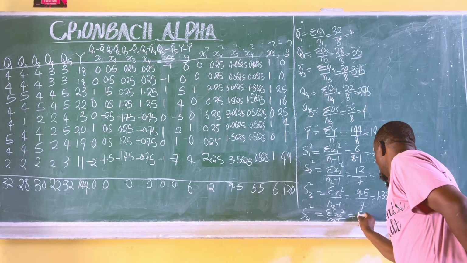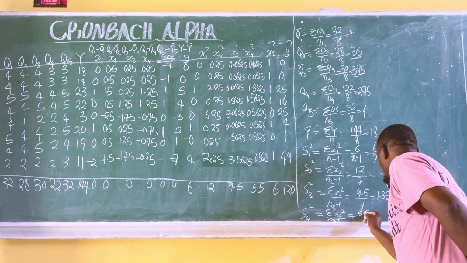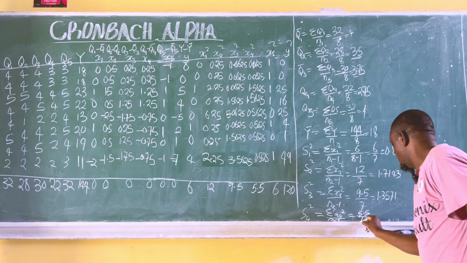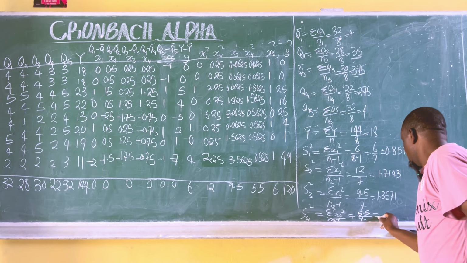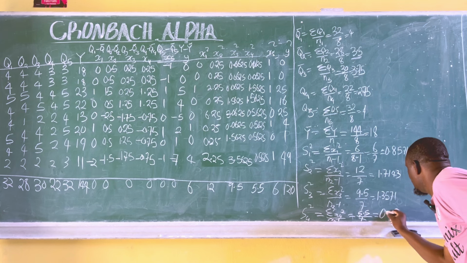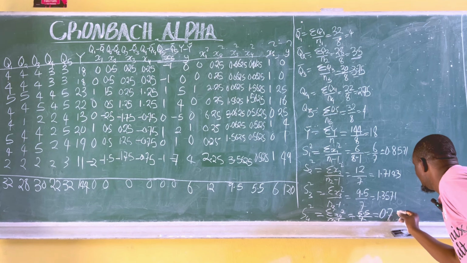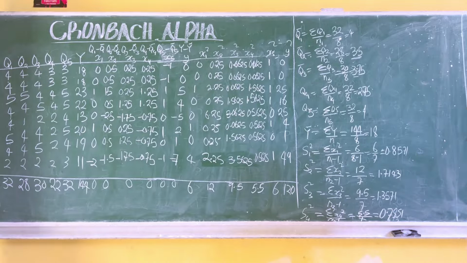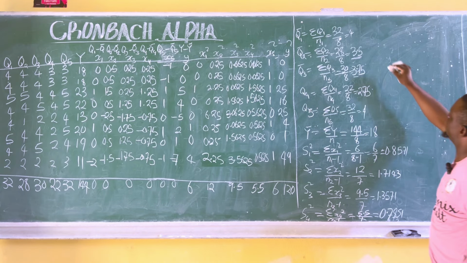So we have 5.5 all over 8 minus 1, which is 7. 5.5 over 7 is equal to 0.7857.